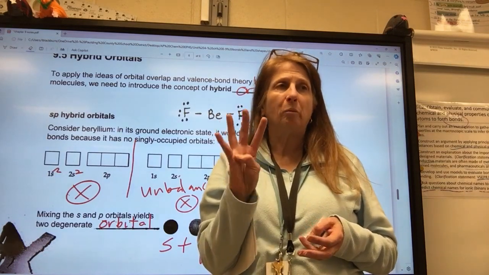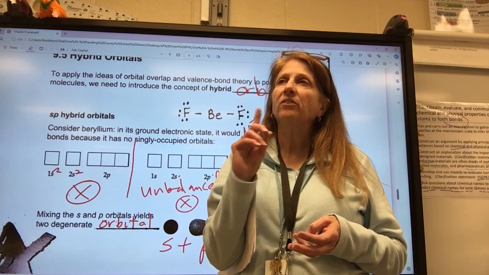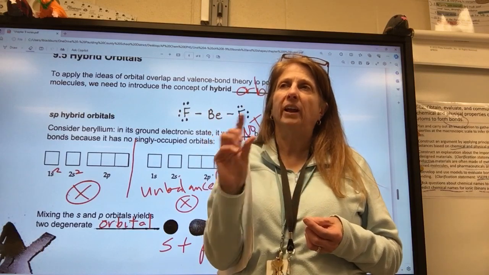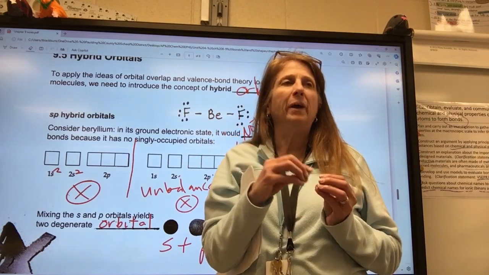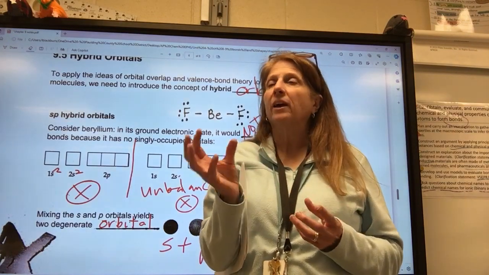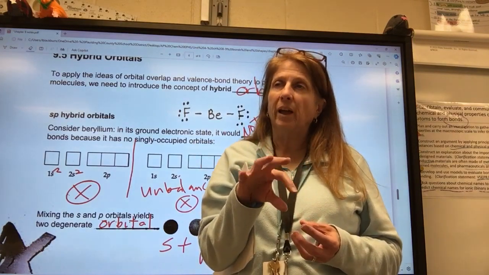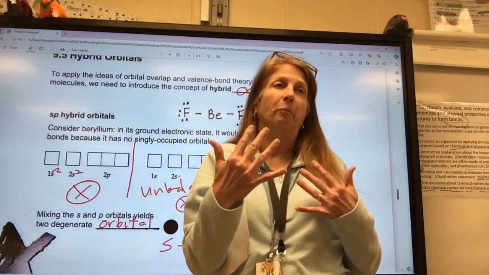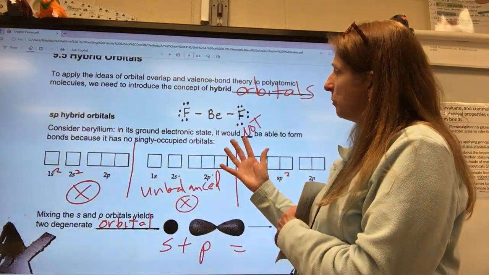Instead, it makes 4 bonds. But it doesn't just promote an electron out of 2s2. It makes it where the bonds are all symmetrical and exactly the same. It's not like it's got s bonds and p bonds. It does something else. So that's what we're talking about.